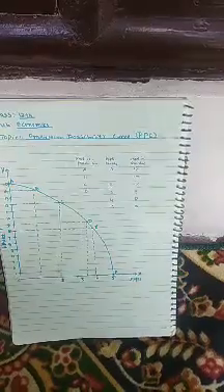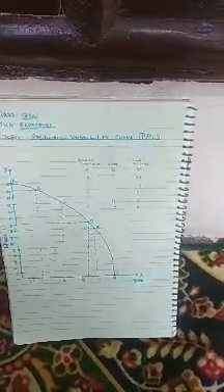Dear students, now let us explain the production possibility curve, that is PPC, with these two goods, but the analysis we made will equally apply to choice between any other two goods also.